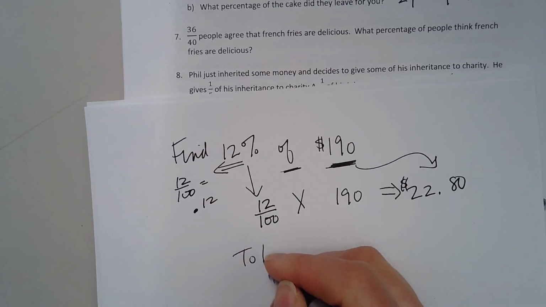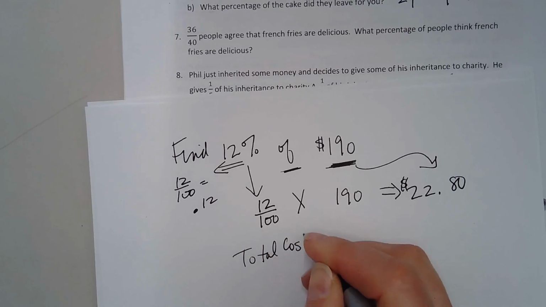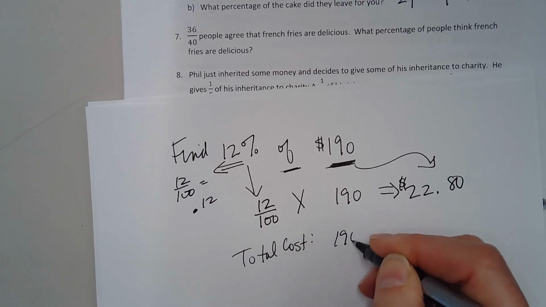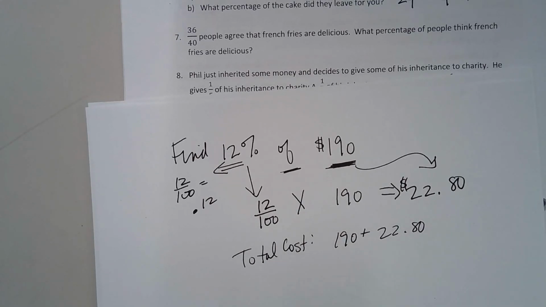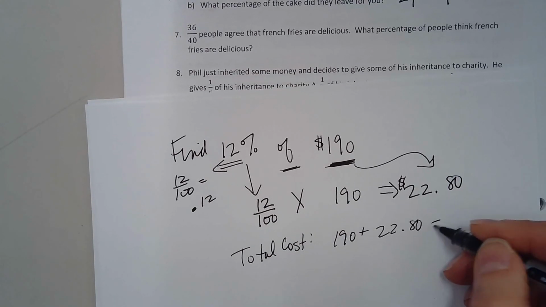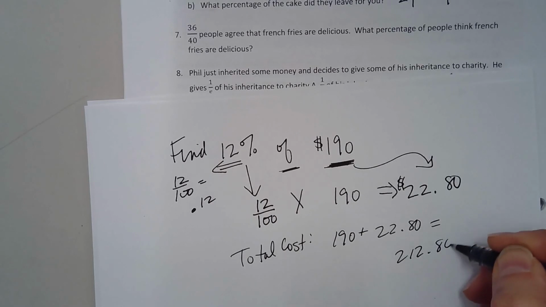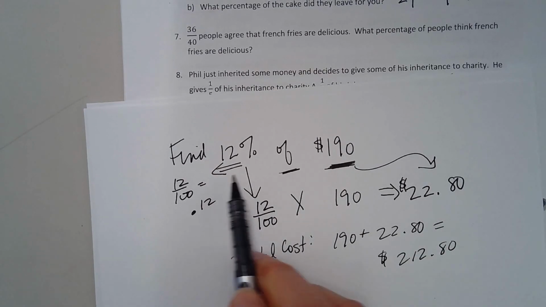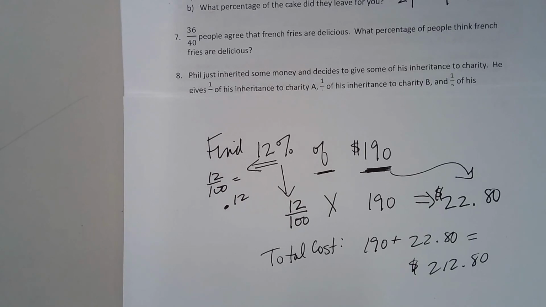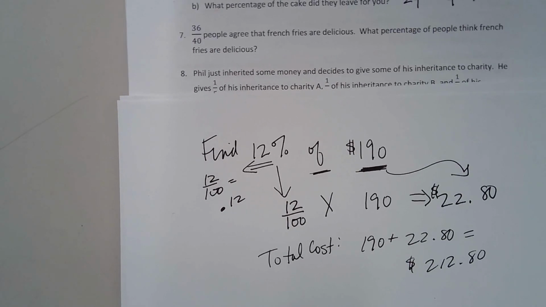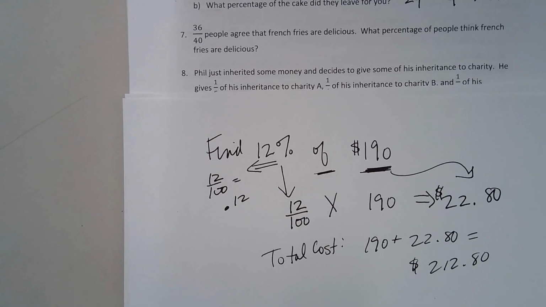So our total cost would be $190 plus $22.80. Changes the price quite a bit, doesn't it? $212.80. So that's how you find percents of some other amount, right? Okay, so those are just two little common sense things that I want to pass on to you.